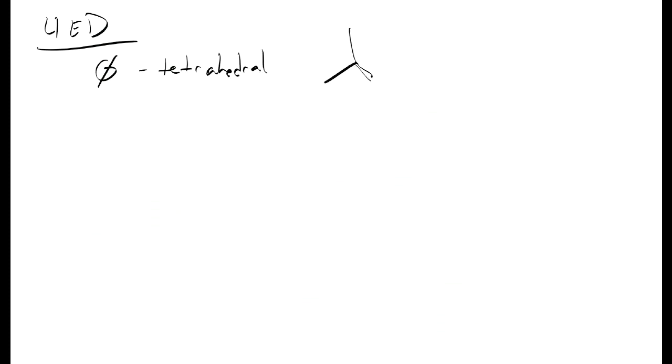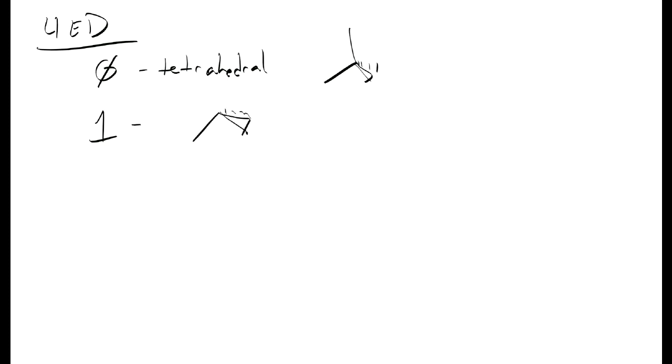All right, I'll hurry through the others a little bit faster. So 4 electron domains. 0 non-bonding pairs is tetrahedral. It looks like that. 1 non-bonding pair is going to look like this.